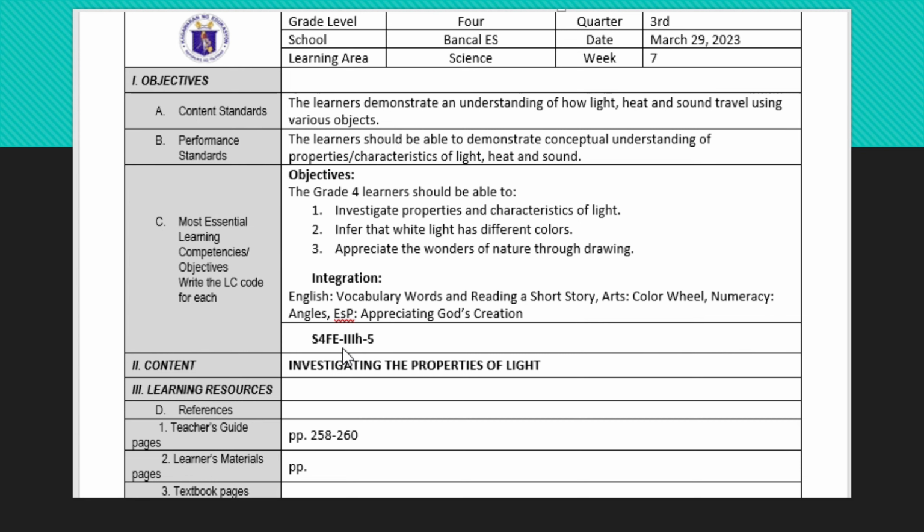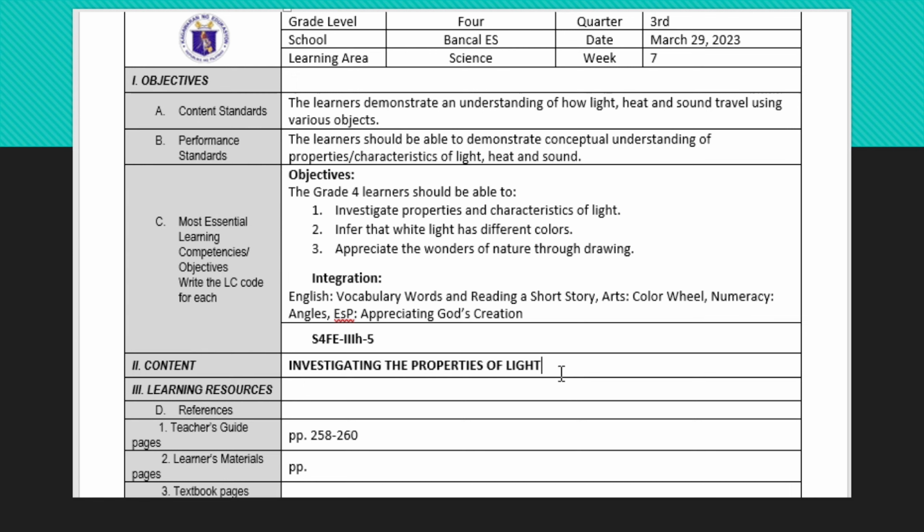Because our Science 4 is divided into different units, which are matter, living things and non-living things, force and motion, and earth and space. So, as you can see, this code changes depending on the unit we are tackling in science. Okay, so moving forward, let's discuss content.